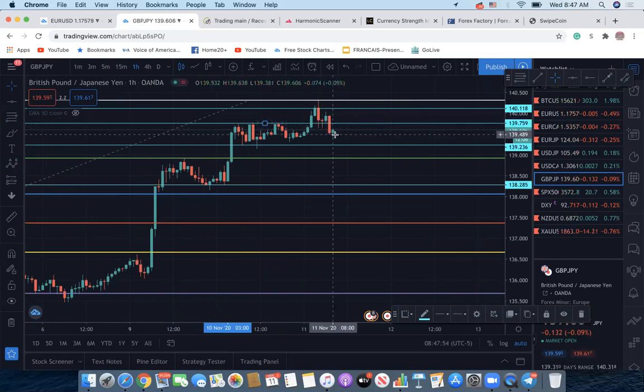So what's going to happen? Most likely, this candle will retest this support resistance zone here and then continue coming down. You guys see, it might go and retest that with a wick and then start coming down. That's pretty much how it works.